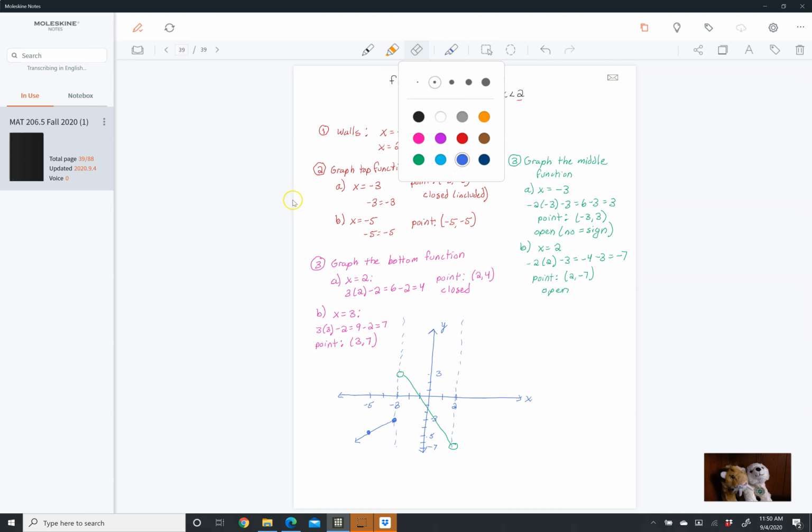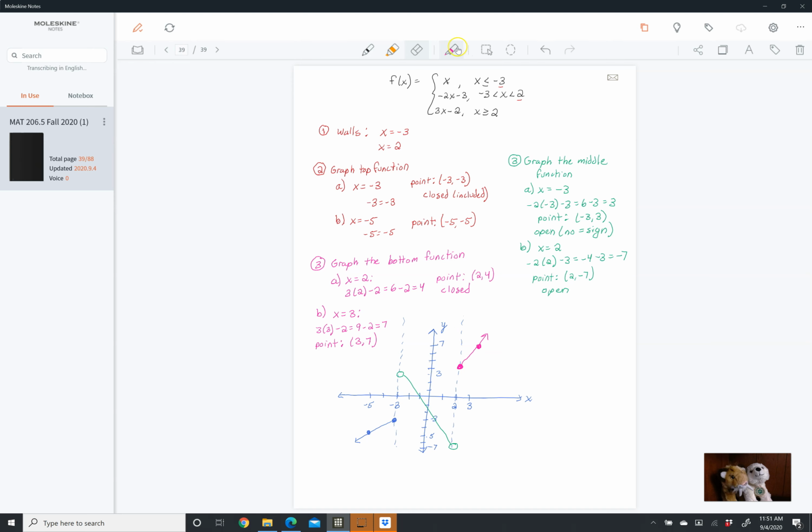So we're going to go in and we're just going to add the numbers that we need here. 4, 5, 6, 7. And here's 3. So we have the point 2, 4. 2, 4 is a closed dot. And then we have the point 3, 7, also closed dot, connect, and our arrow faces away from the wall.